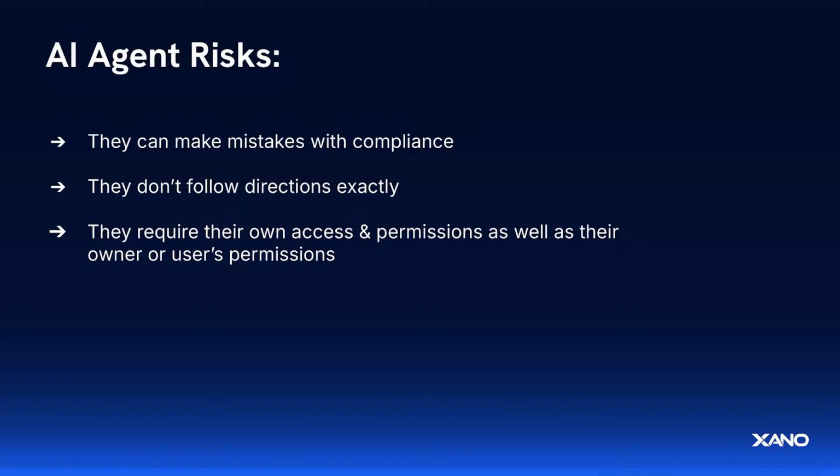And third, they require their own permissions. So the MCP server handles agents as distinct actors with independent authentication and authorization. And we've shown you how to build in security proxies for the user permissions. And we're not just suggesting best practices here.